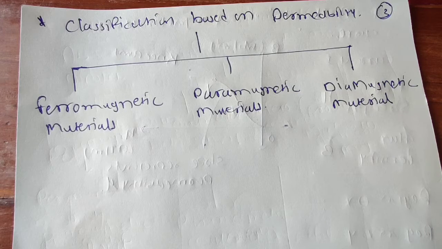Now the properties of a ferromagnetic material: when placed in a magnetic field, the field gets distorted. The force exerted by the magnetic field on this material is very strong. The necessary condition for the existence of ferromagnetism is that a permanent magnetic moment should be present, a large number of atoms are arranged parallel to each other, and they have a large value of relative permeability.